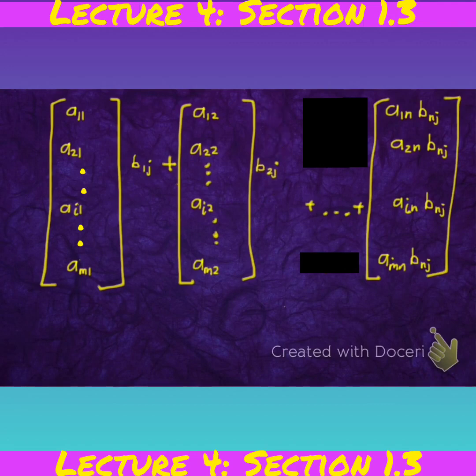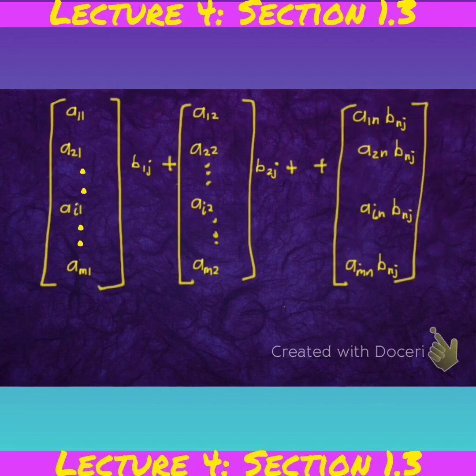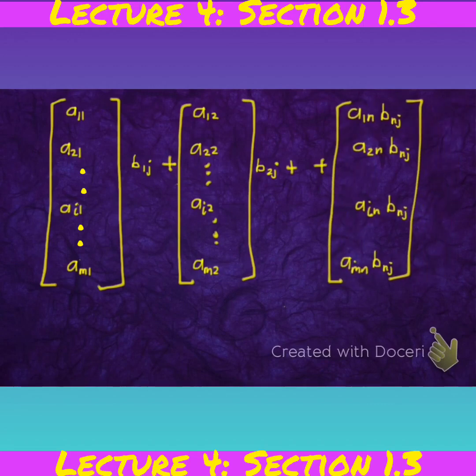And we carry this process through until we get to the last column. The last column has another scalar multiple, which in this case is Bnj. So we can take Bnj out, and we form another scalar multiple of a column vector. Now if we look at these coefficients, we see that they are actually the B's.